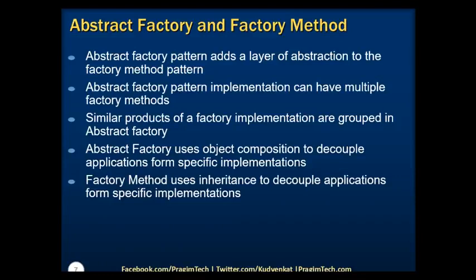Similar products of factory implementations are grouped in abstract factory. As you have noticed, abstract factory uses object composition to decouple the application from specific implementations. Factory method uses inheritance to decouple applications from specific implementations. I hope now you got familiar with the abstract factory design pattern.